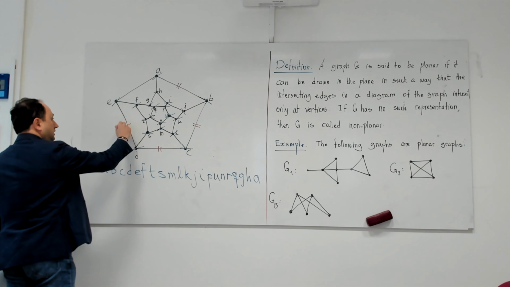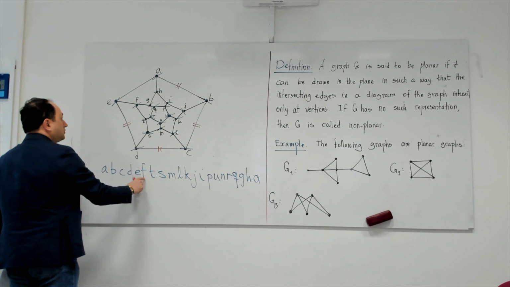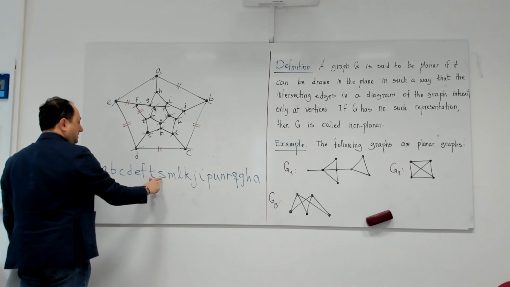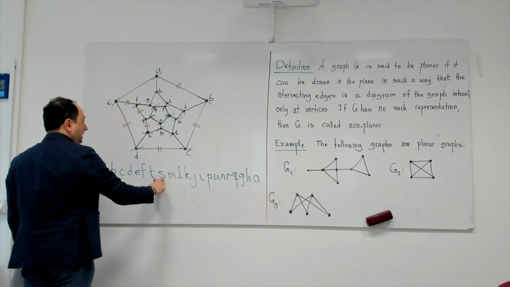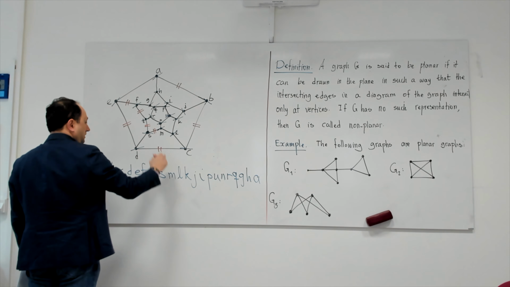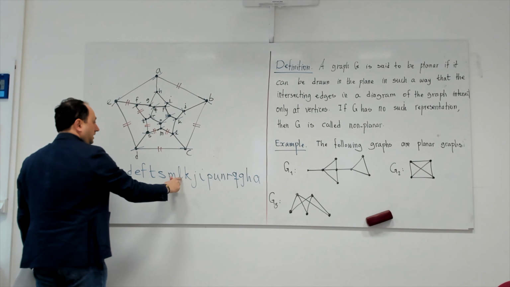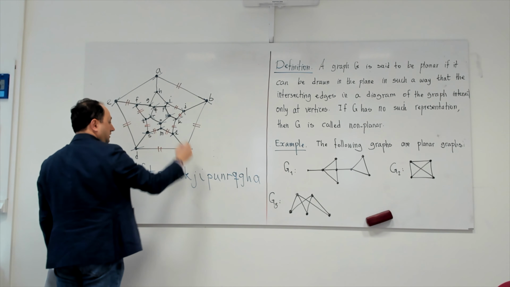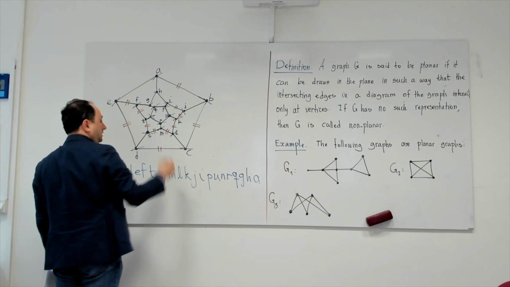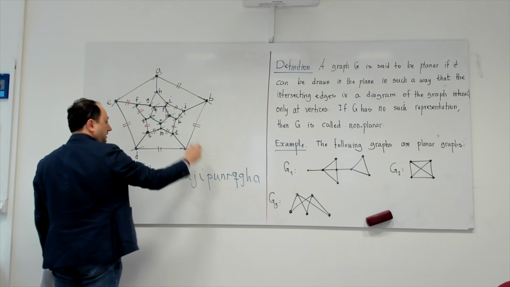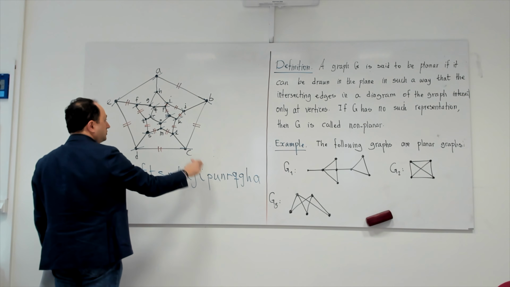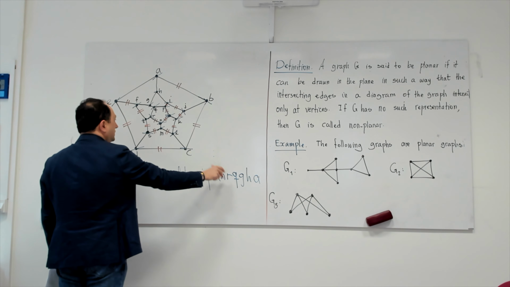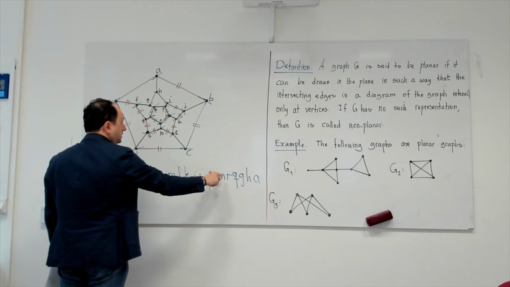D to E, and E to F, F to T, and T to S, S to M, M to L, L to K, K to J, J to I to P, and then P to U, and U to N, and N to R, and R to Q, and then Q to G.